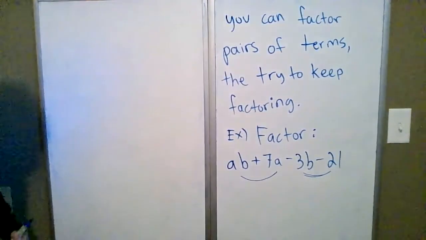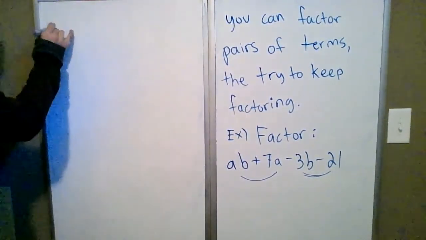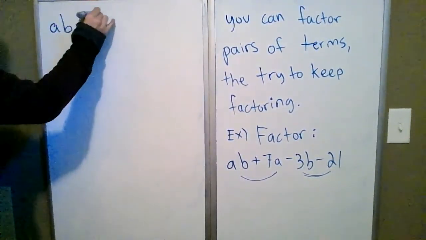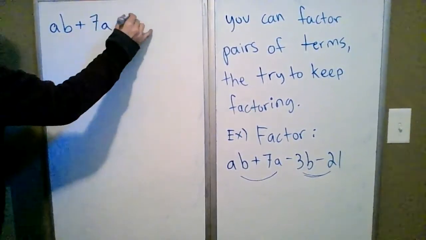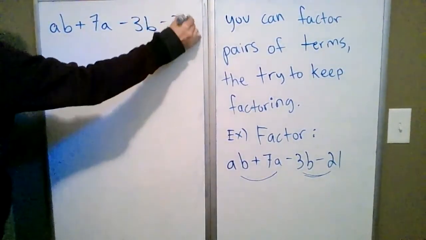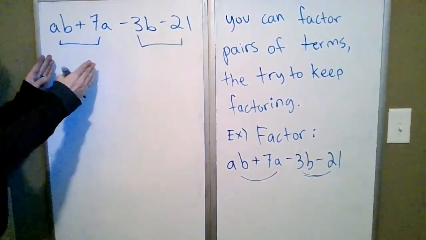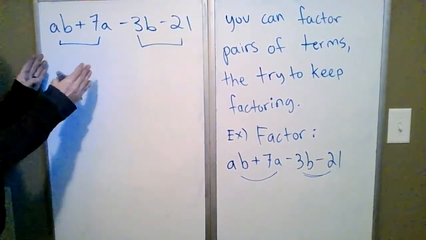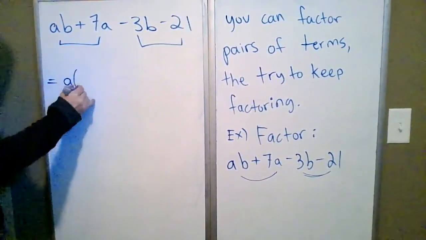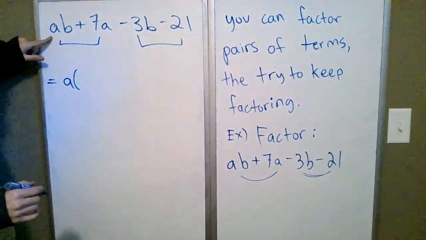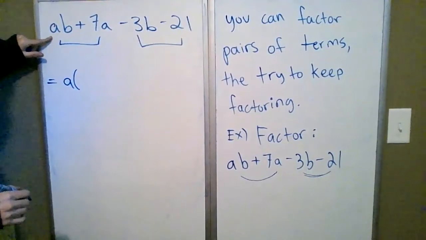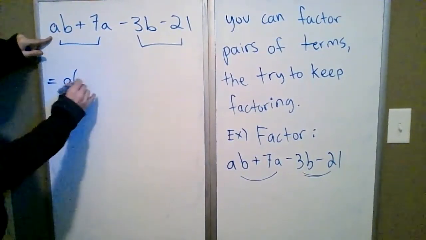All right, so just rewrite what we've got. Okay, first pair, we're gonna factor out A from just the two terms in the front. So it leaves B plus 7.